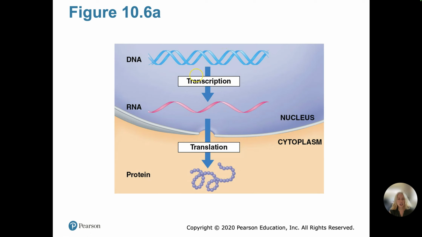That initial information is transcribed into RNA, which carries the message outside of the nucleus and is then translated into a protein product. This is how genotype directly influences phenotype, because the genotype, the actual gene in the DNA, codes for a protein product, and those protein products influence all the functions in our body, which ultimately influence our phenotype.